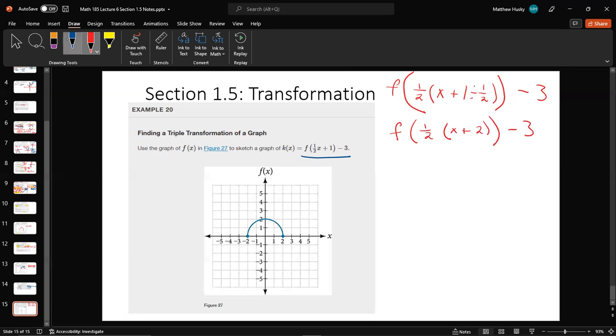So what is happening with this? This is going to be 2 times as wide. This is going to move it left 2. This is going to move it down 3.